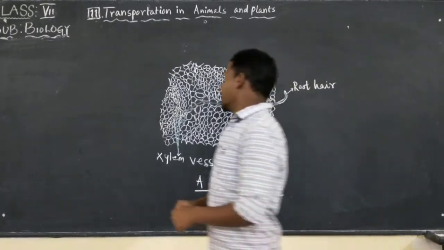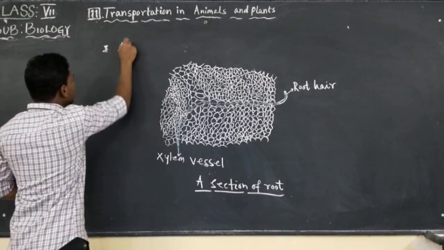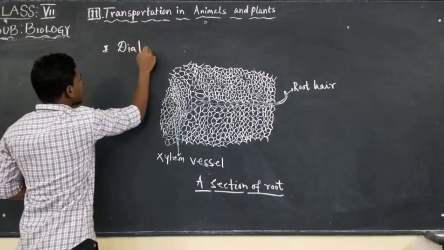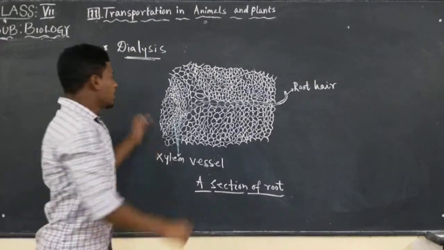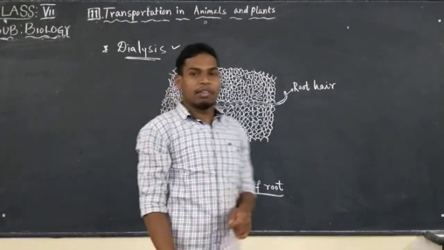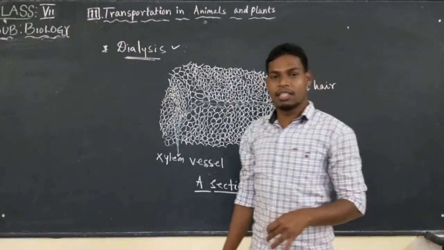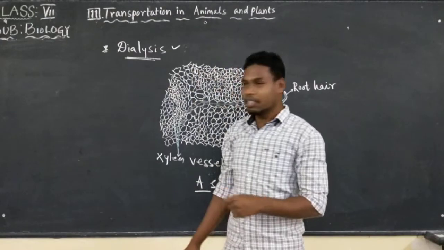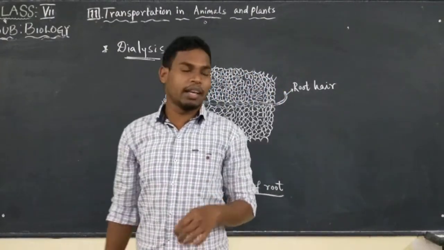And in kidneys, the important point that we need to remember is dialysis. What is dialysis? If a person has an infection or injury in the kidney, that kidney will get what? Failure.